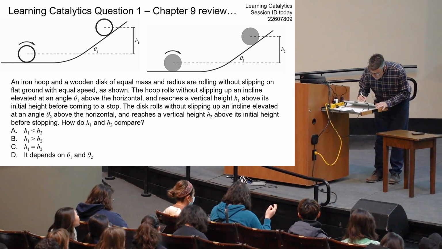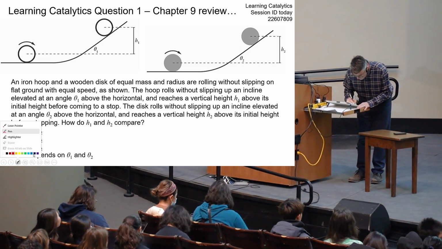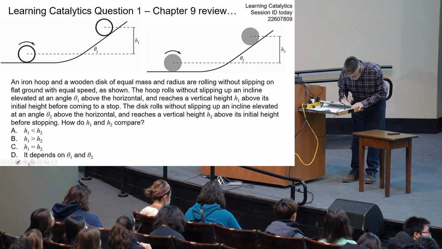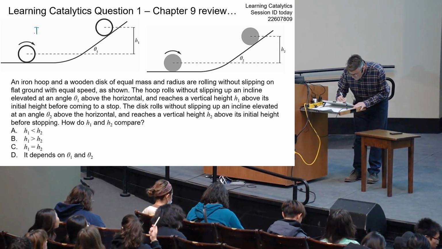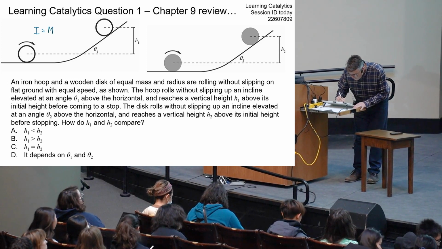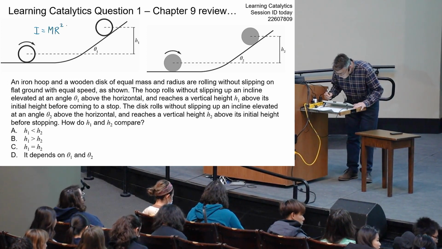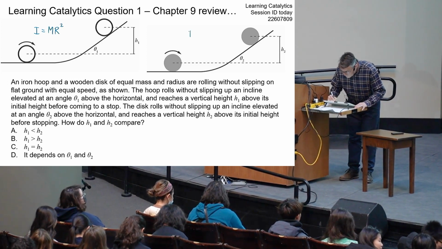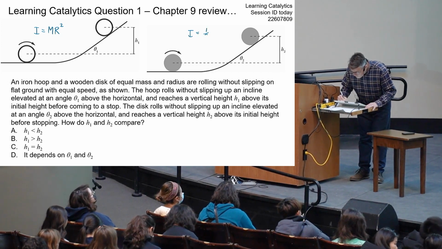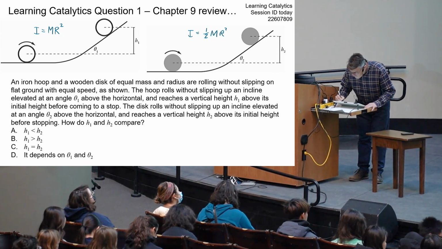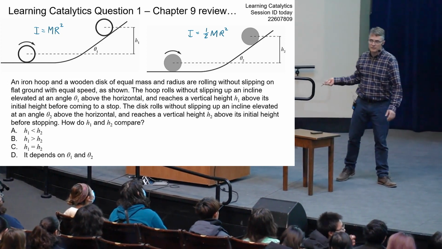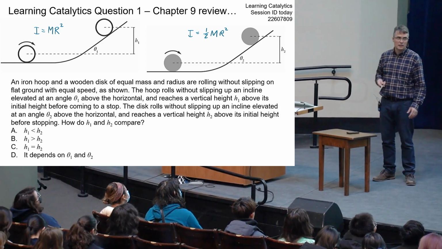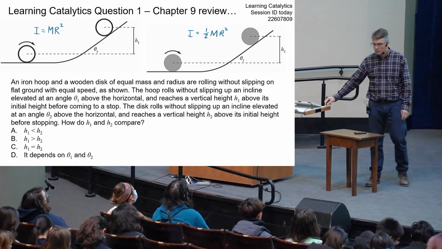You guys remember these? Probably should have mentioned that. The rotational inertia of the solid disk is less than the rotational inertia of the hoop.